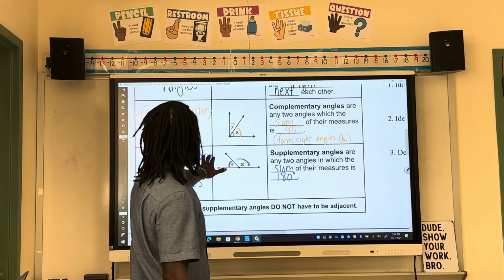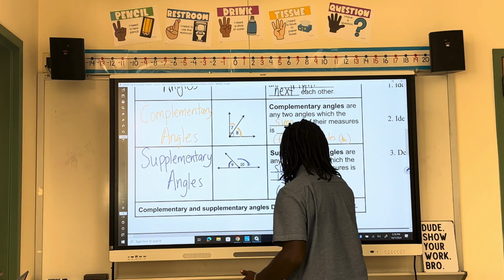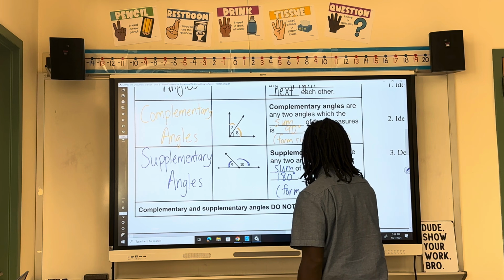And so those two together are going to form a straight line.